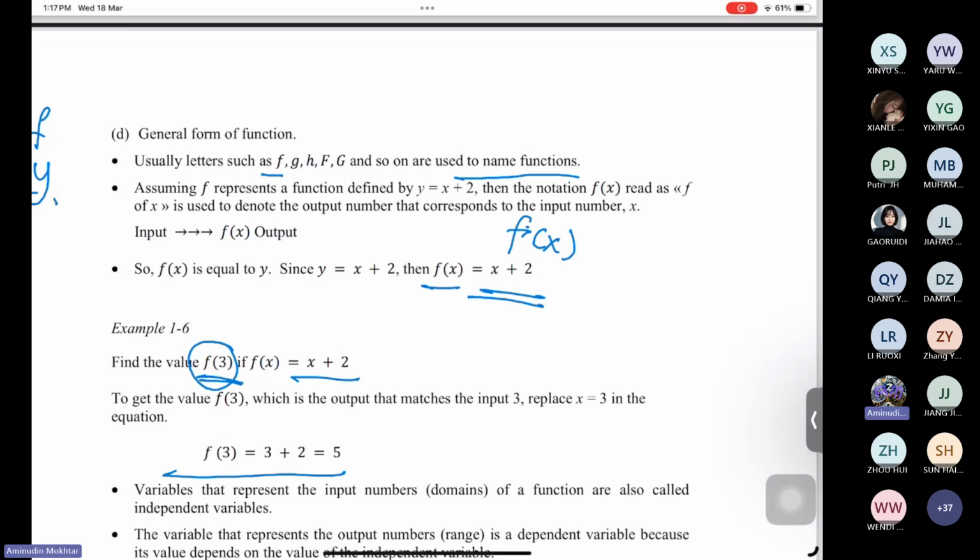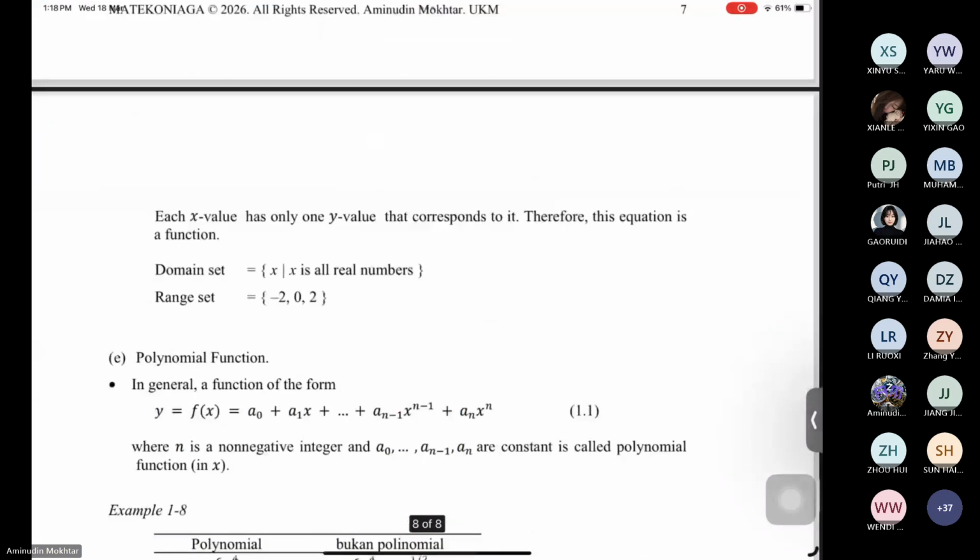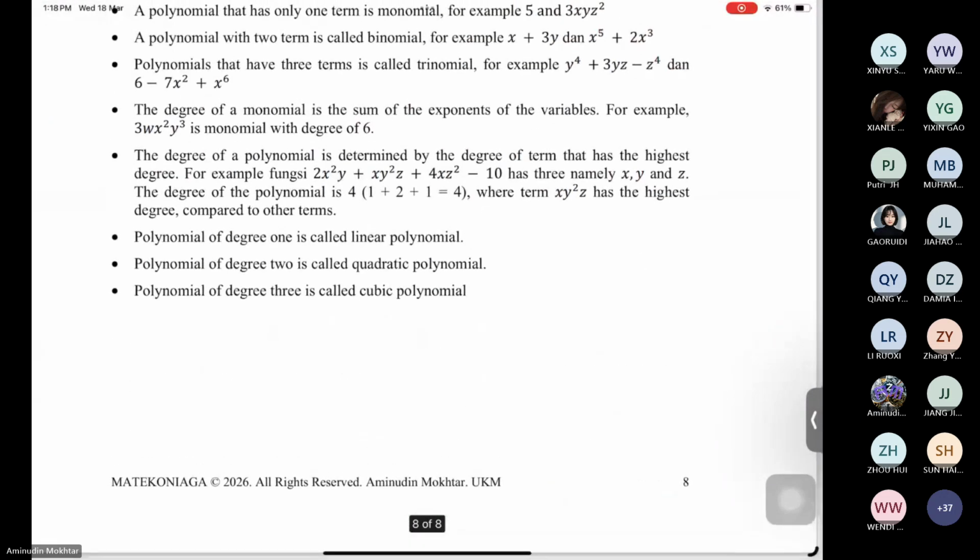Okay, thank you. Okay, that's all about the first part of this topic, the introduction about the domain, range, input, output, black dot, white dot, and so on.